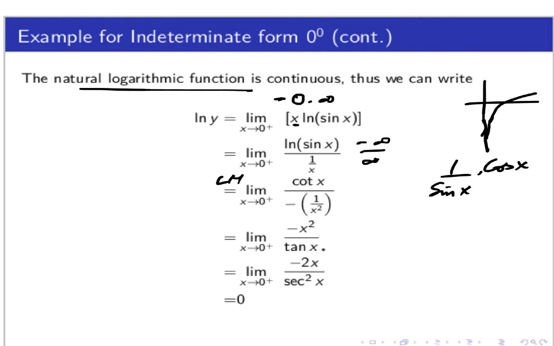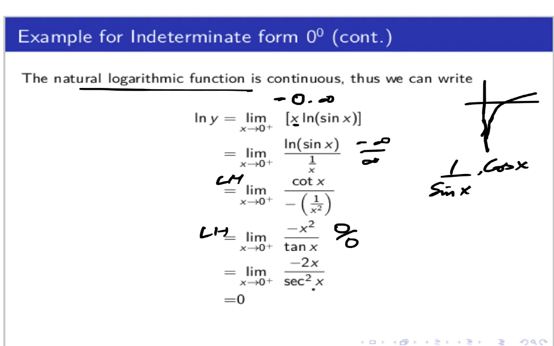Because the tangent of 0 is 0 and x squared is 0. So now this is a 0 by 0 form. So once again, I can apply my L'Hopital's rule. Remember, negative infinity over infinity, you change the way it looks so that it becomes a 0 by 0 form. And you take the differentials, that is again negative 2x over secant squared x.